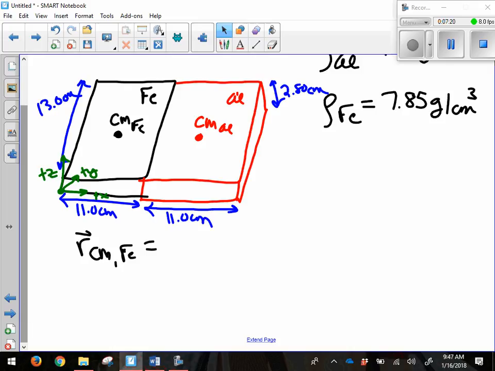It has to go that way for a reason that will become apparent in a few chapters. So, what's my x coordinate for the center of mass of iron?